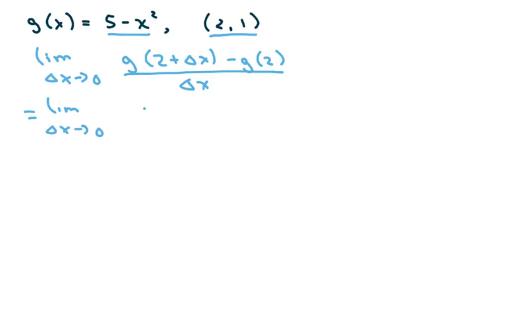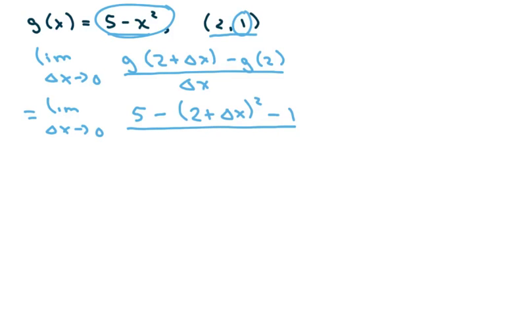So we're going to get 5 minus, I'm inputting my x, which would be 2 plus delta x, and then we have to put the squared, minus g of 2, which happens to be 1, or you could plug that in. So basically, we have delta x, and then what we want to do is clean this up.